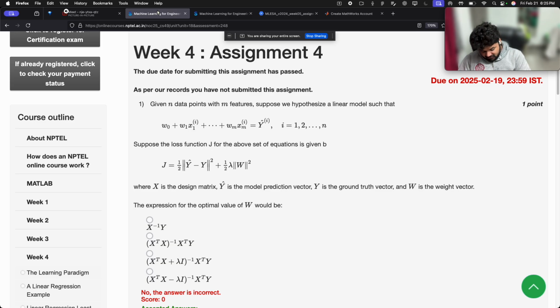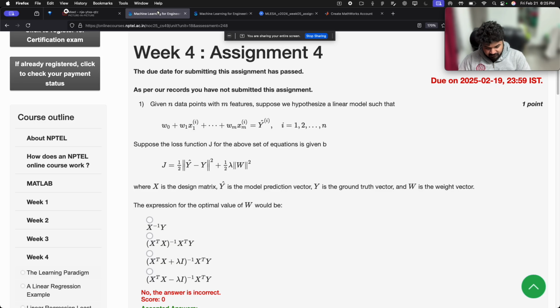Since this cost function is J equals 1 by 2 times (y cap minus y) whole square plus 1 by 2 lambda times W square, this is a square plus square cost function, which makes it an upward parabola, right? This means its lower bound is here, its local minima and global minima are the same, so the optimal value of W lies here.